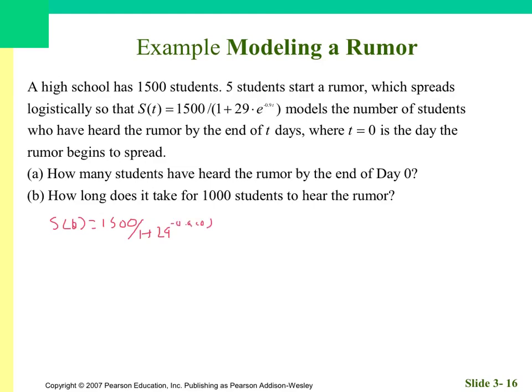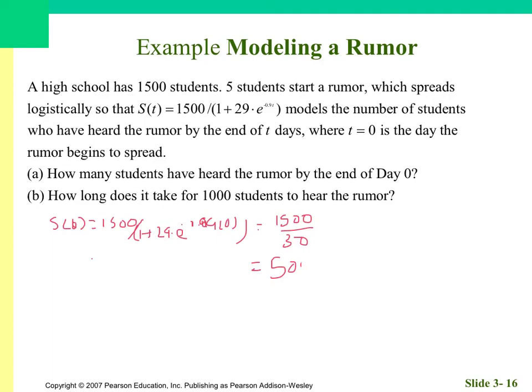What's anything to the 0 power? 1. Oh, I forgot the e in there. So e to the 0 power is 1, times 29 is 29, so I get 1500 divided by 30, so 50. So 50 students by the end of day 0.